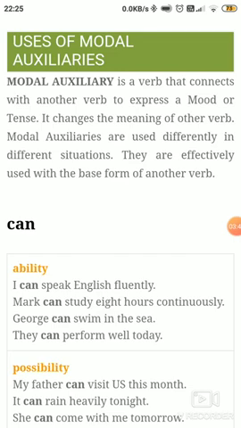They are effectively used with the base form of another verb. So this is basically a verb which connects with another verb in order to express your mood or tenses, and it is used with the base form of the given root verb.